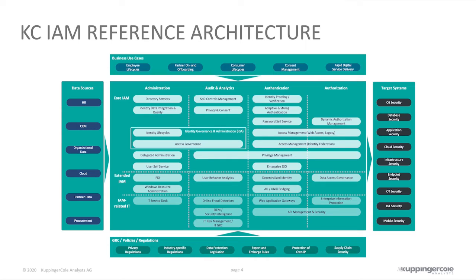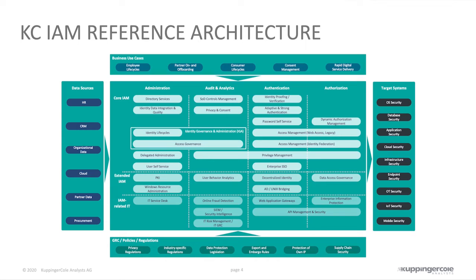If you look at this graphic very quickly, I don't want to dive too deep into that, but a short glimpse. In the big box in the middle, we have four columns: administration, audit and analytics, authentication, and authorization. With these four pillars, we organize the building blocks that we typically expect within an IAM system.